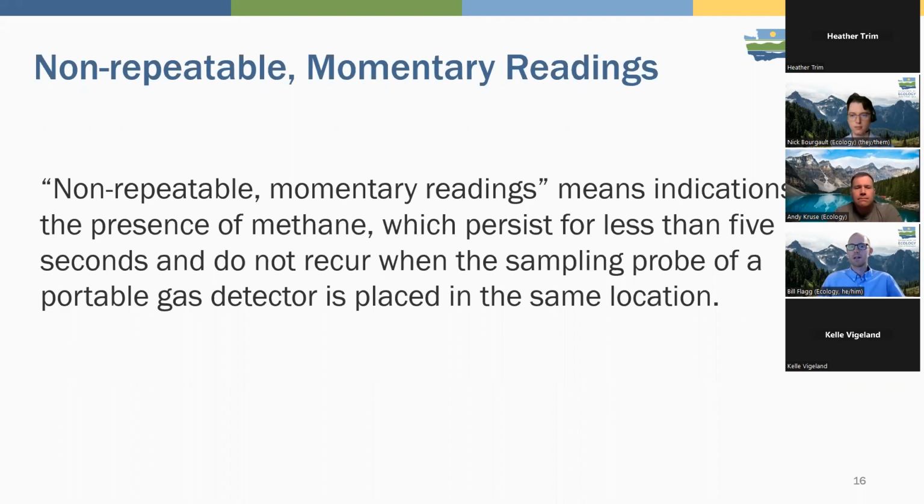Non-repeatable momentary readings means indications of the presence of methane which persist for less than 5 seconds and do not recur when the sampling probe of a portable gas detector is placed in the same location. So for something like a component leak or an exceedance, these non-repeatable momentary readings are not exceedances.